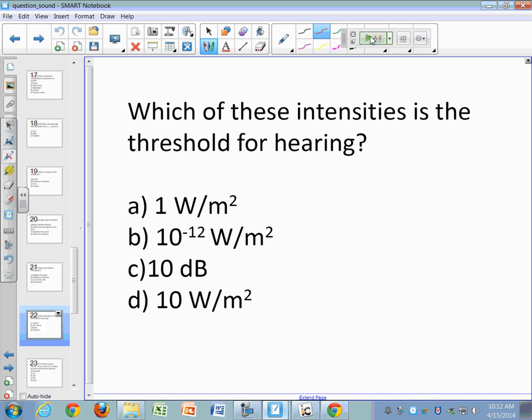All right, so which of these intensities is the threshold for hearing? Which of these intensities is the threshold for hearing? Yes, we're still in another class. This is different. That's okay.